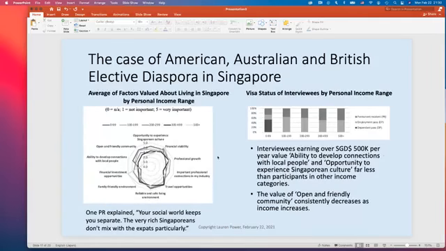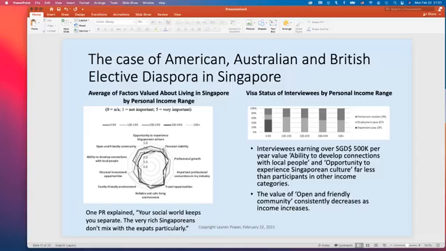Another thing to mention is about the personal financial income range. And this has to do with the ability of people to value different kinds of qualities about living in Singapore. Interviewees earning over $500,000 per year, Sing dollars that is, said that they value ability to develop connections with local people and opportunity to experience Singapore culture far less than participants in other lower income categories.